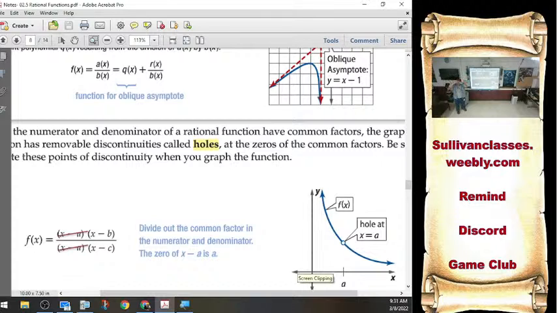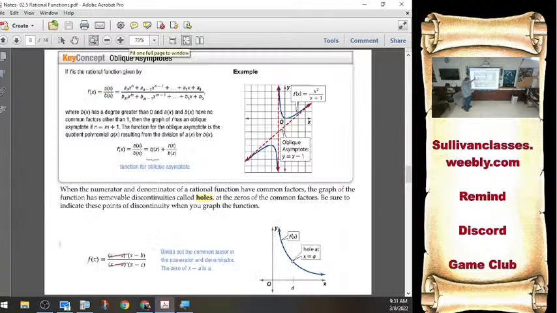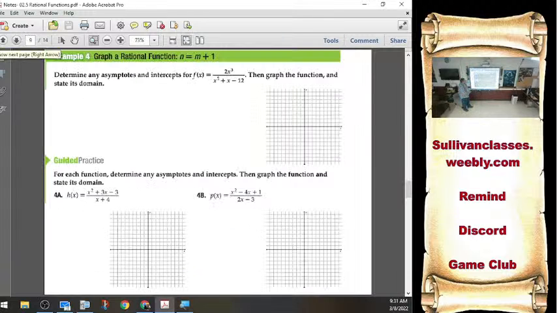It's at 3.0000001, and it just can't show that gap. Okay? So when there's a hole, we have to remember it. So oblique and holes, here we go.